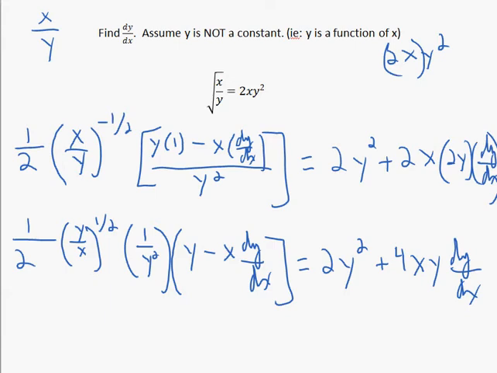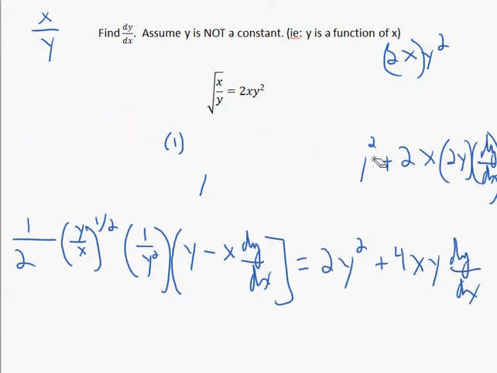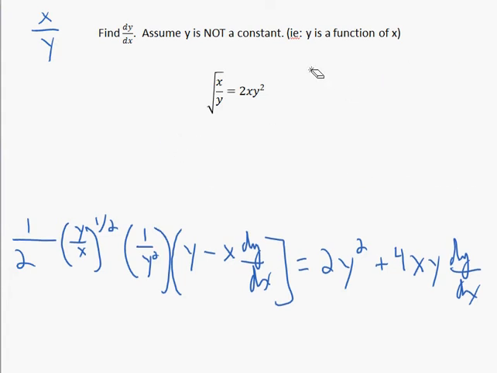And now we're stuck with a similar situation to the last problem. We can't solve for dy/dx because we've got all this multiplication going on the left side. So we're going to have to distribute so that we can get dy/dx all by itself. First, we can still simplify some things here. First off, this is 1 over 2 x to the 1/2 y squared.